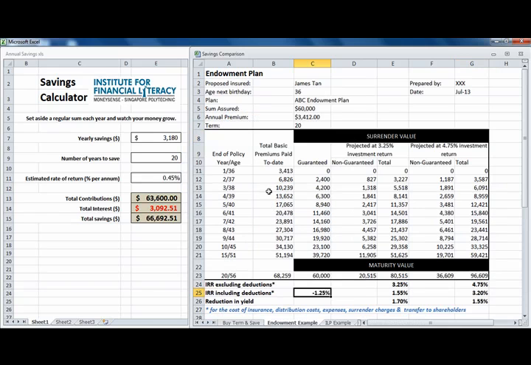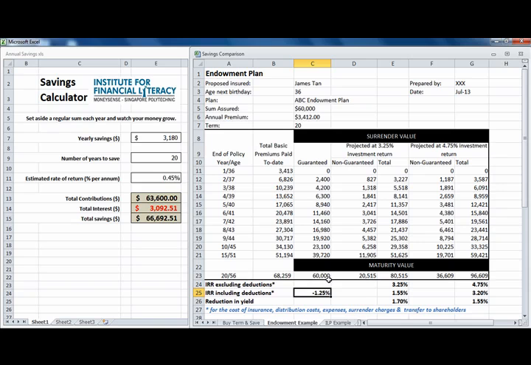Here is a benefit illustration. In this example, James has to pay a yearly premium of $3,412 over the next 20 years. He gets the insurance cover of $60,000 and has a guaranteed cash value of $60,000.